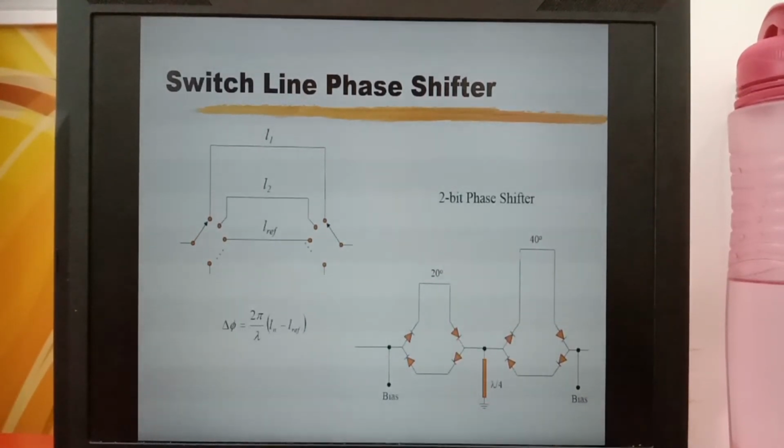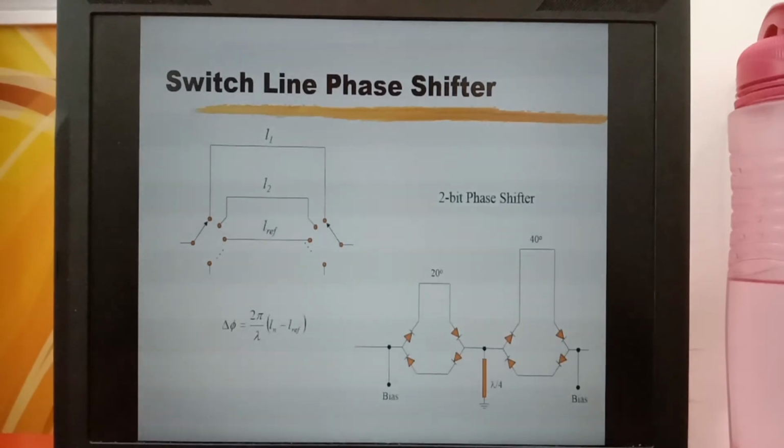We can also make use of diodes to make switch and combine with transmission line to make phase shifter. This is an example of a 2-bit phase shifter.